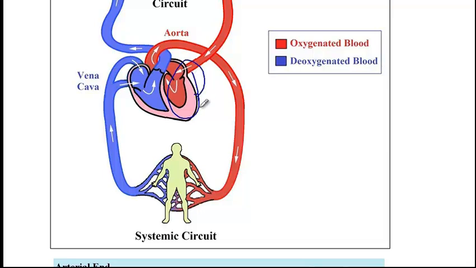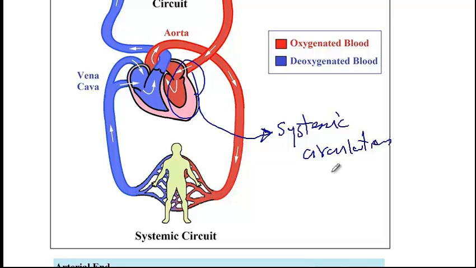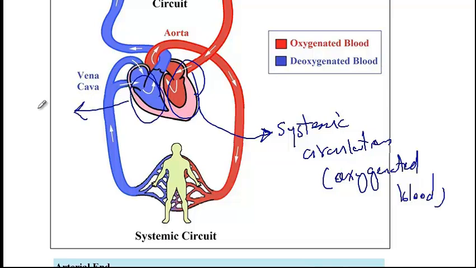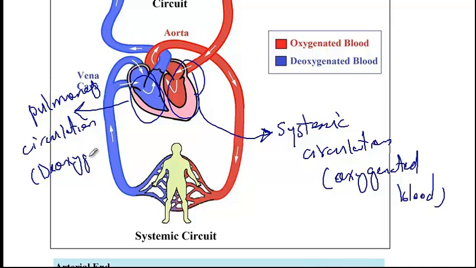So you can see that the left ventricle pumps blood into the systemic circulation, which contains oxygenated blood, while the right ventricle is pumping blood into the pulmonary circulation, and it contains the deoxygenated blood.